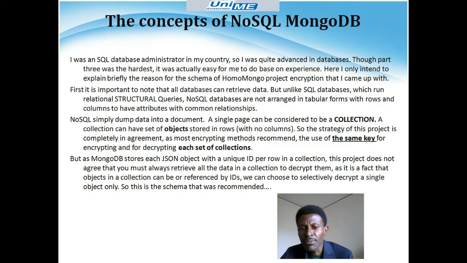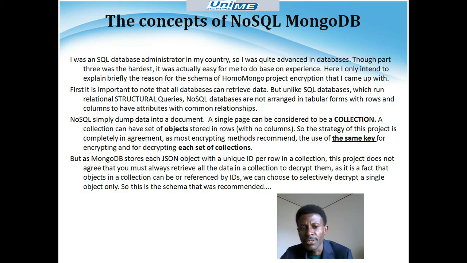But as MongoDB stores each JSON object with a unique ID per row in a collection, this project does not agree that you must always retrieve all the data in a collection to decrypt them, as it is a fact that objects in a collection can be referenced by IDs. We can choose to selectively decrypt a single object only.